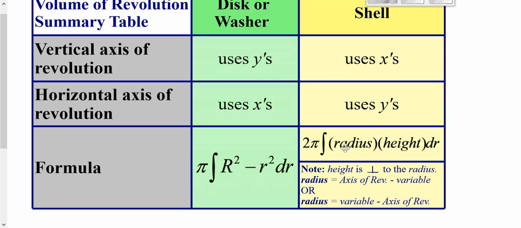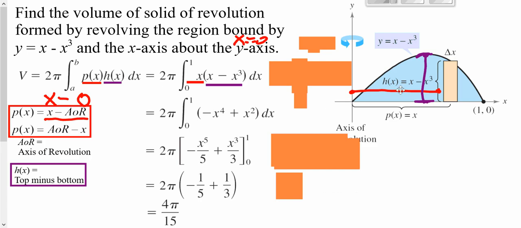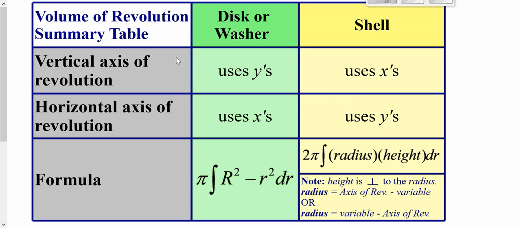The first thing is your radius, which is either your variable minus axis of revolution or axis of revolution minus your variable, and then your height. Your height is always perpendicular to the radius, and that's what you saw when we drew this in right here, that the purple and the red are perpendicular to each other. Now, this chart right here is on the class website, so you can look at it there and use it as a reference.